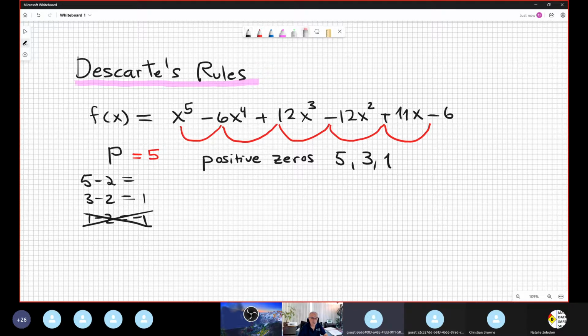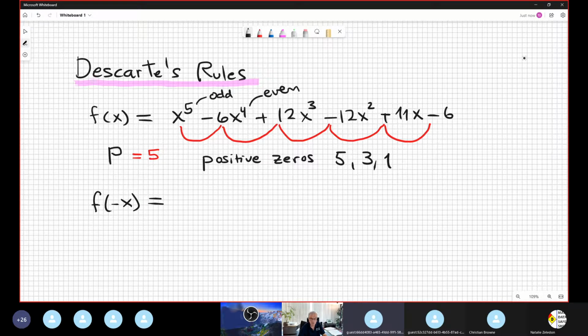Okay, now what about the negative? Well, the negative is similar, because you make a reflection of the polynomial. You replace x with negative x. It's relatively easy because an odd exponent changes sign, but an even exponent stays the same.